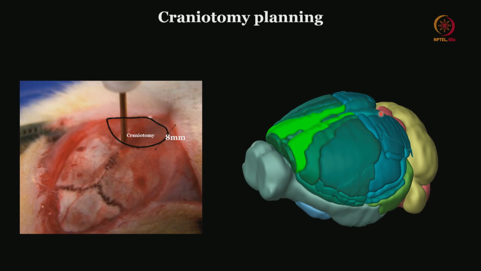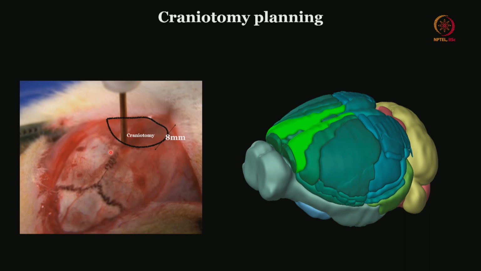And when it comes to planning, it's very important to know which is the area that you would want to expose. I have emphasized earlier that you shouldn't try and open up as much skull as possible, for the simple reason that you don't want injury to the areas of the brain which are not needed to be exposed or targeted.